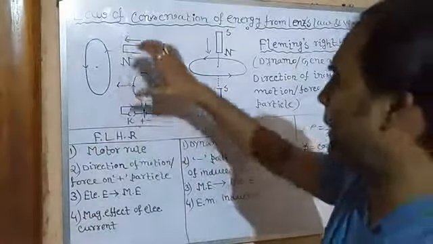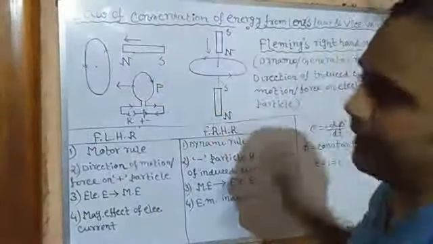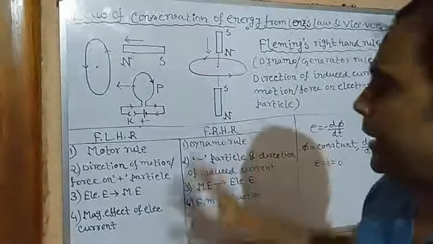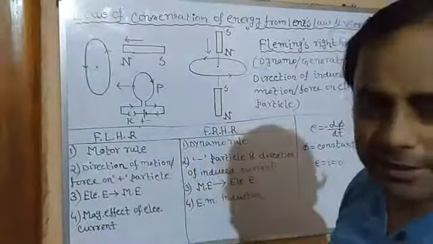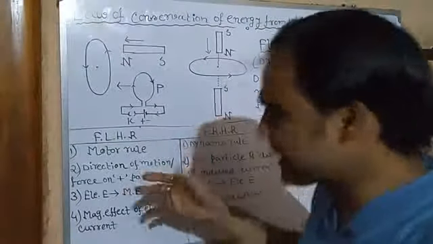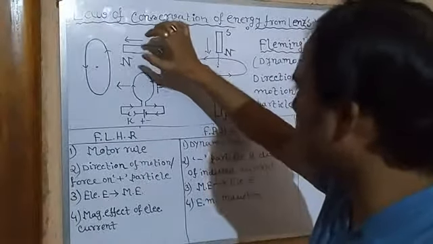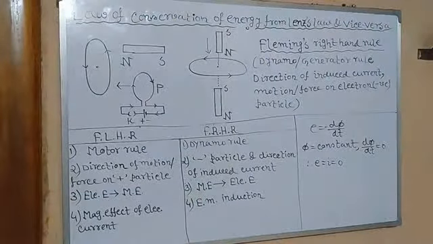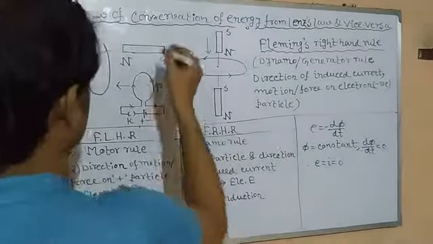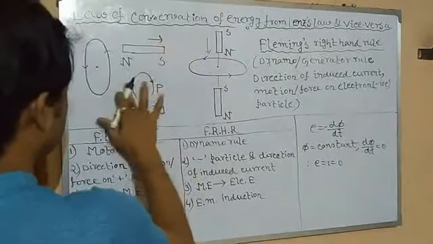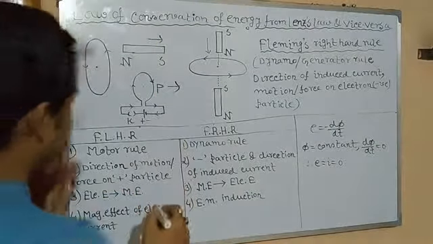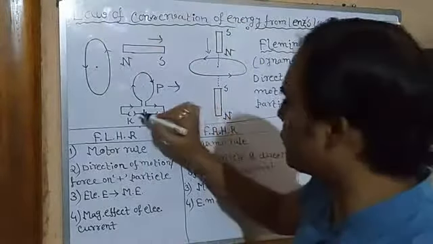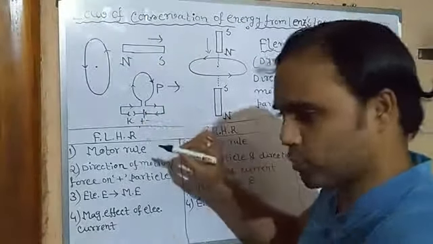The same result is obtained if we move the magnet and the coil away from the secondary coil, isn't it? So let's see how. At first we bring the magnet closer to the coil, or switch on the current by closing the key.